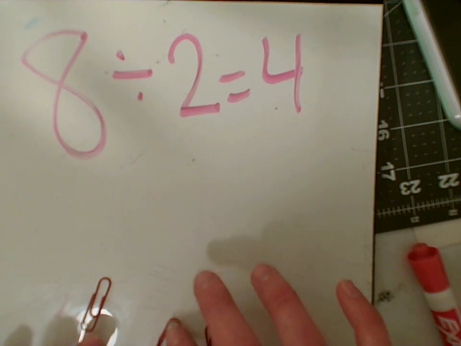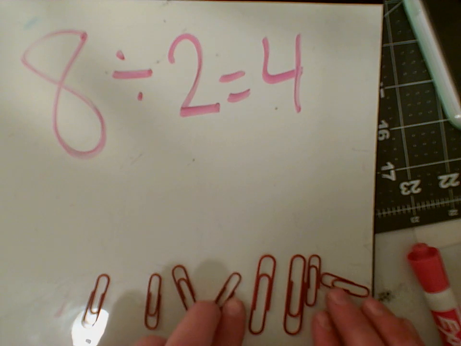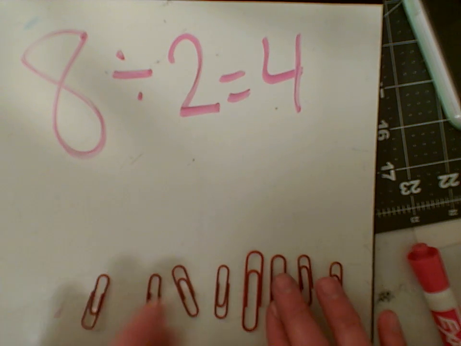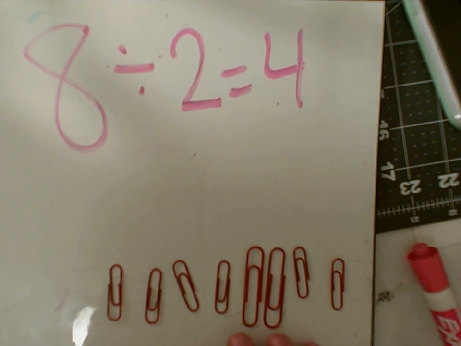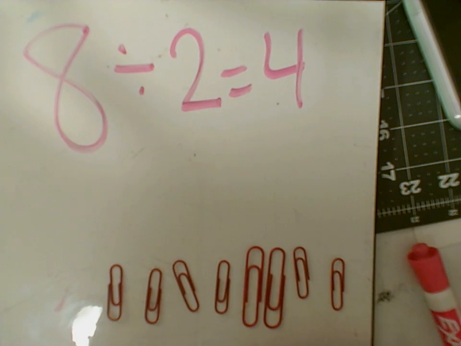So with my 8 paper clips, I want you to pause or think about how I should divide these 8 paper clips. I'm going to divide my paper clips into 2 equal groups, and let's see if we get this answer.